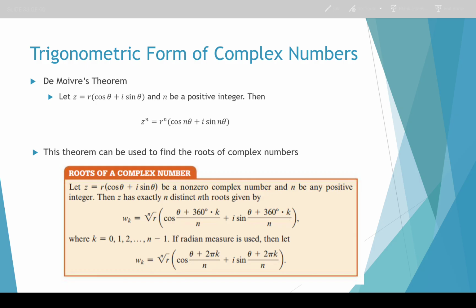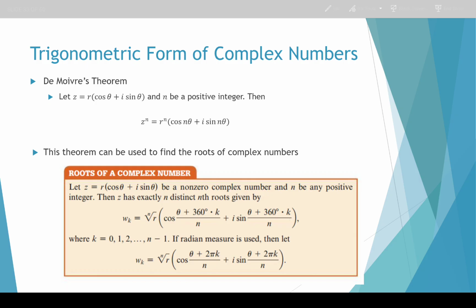So the nth root of our radius times cosine of theta plus 360 degrees times k, where k is which one we're looking at: k is 0, 1, 2, up to n minus 1, plus i sine of theta plus 360 times k, and all this is divided by n.